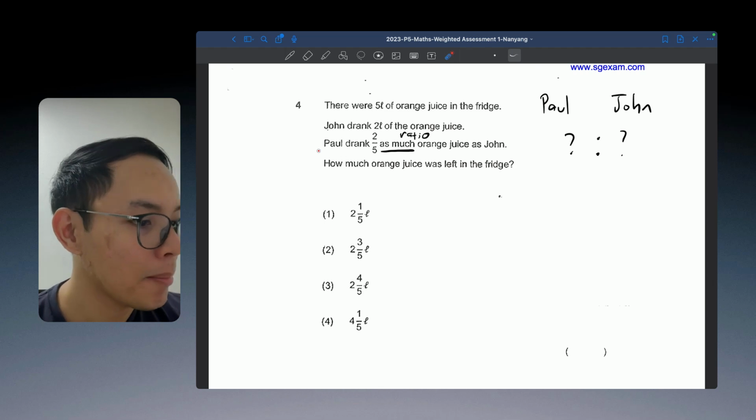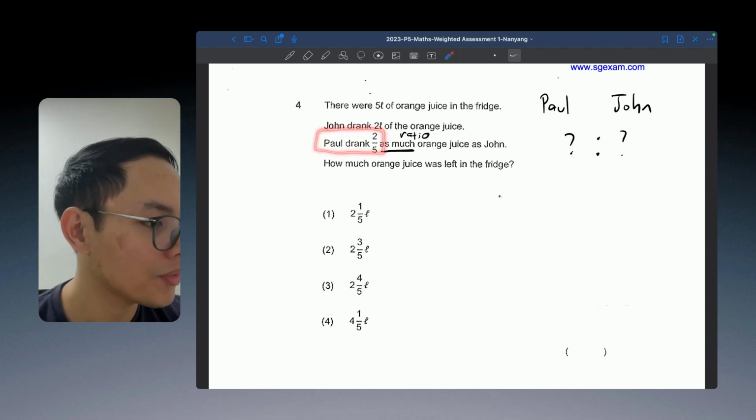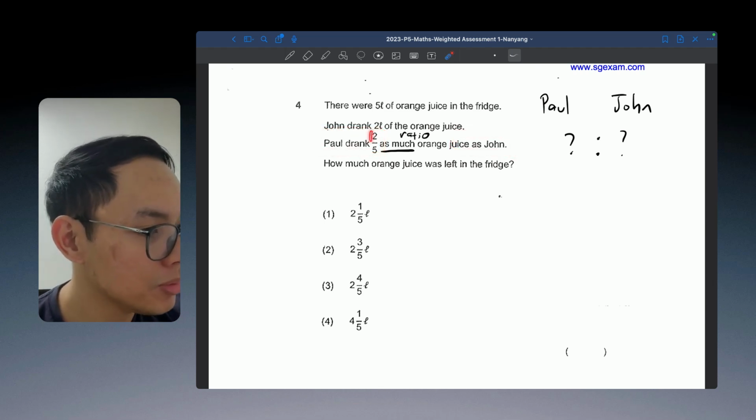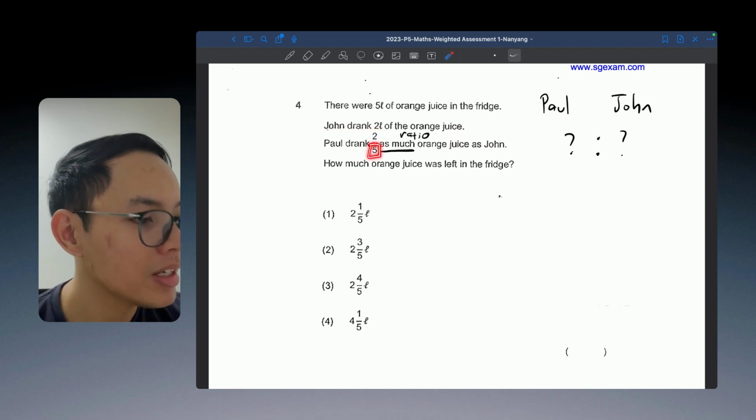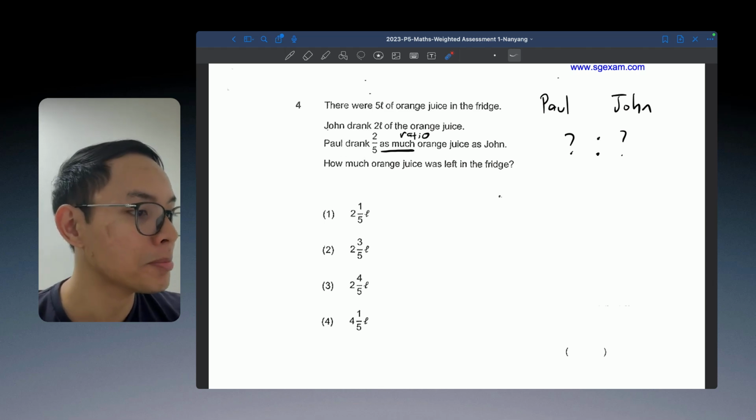Now what are the numbers? Paul drank 2/5 of John. So there is the number 2 and the number 5. Which number goes to which person?